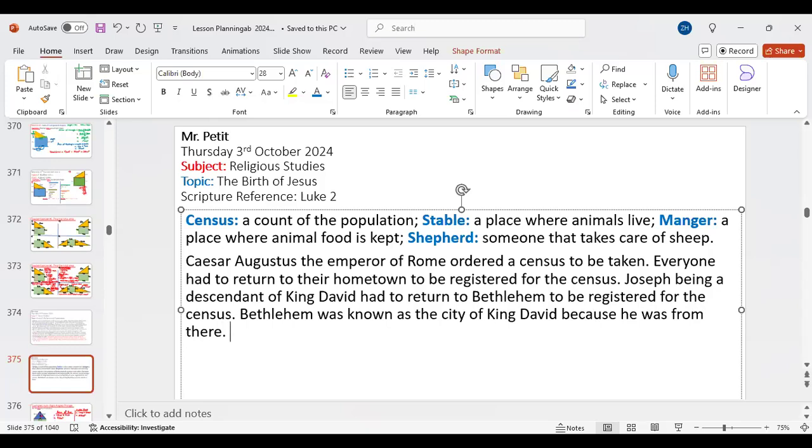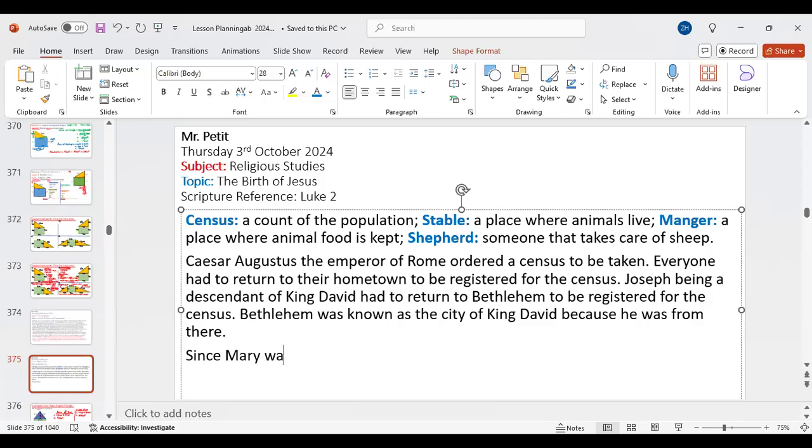So Joseph had to go all the way to Bethlehem to register for the census, and that's why Mary and Joseph moved to go to Bethlehem. But the problem is Mary was still what? Pregnant. Very good.